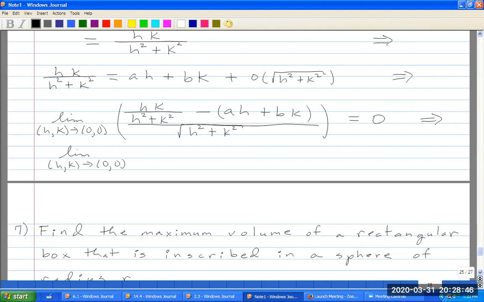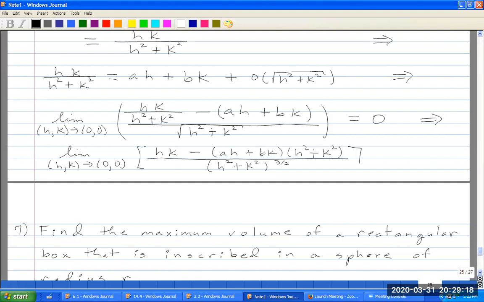Let's multiply by h squared plus k squared. So this is hk minus ah plus bk times h squared plus k squared over h squared plus k squared to the 3/2.